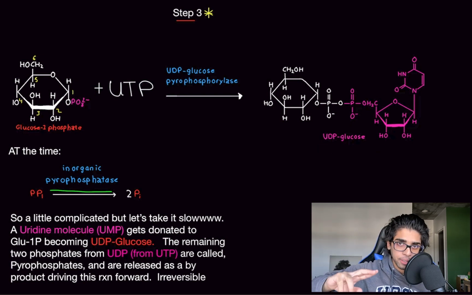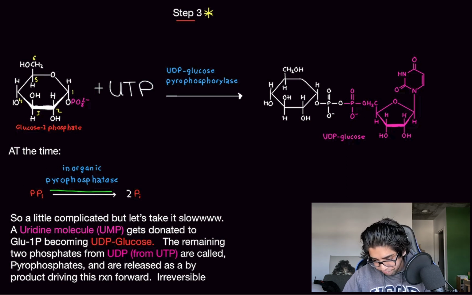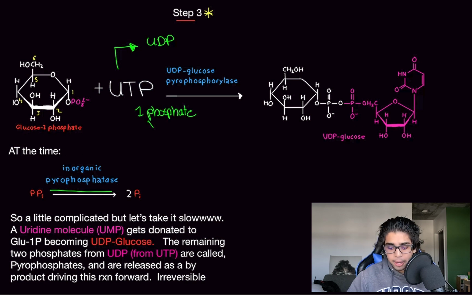So that's the first half of this. The second half is a little bit complicated. It's not too bad, but let me explain like this. So let me draw it. Here, we just used the UTP, right? And it became UDP, okay? Because 1 phosphate went here, now we're left with UDP.